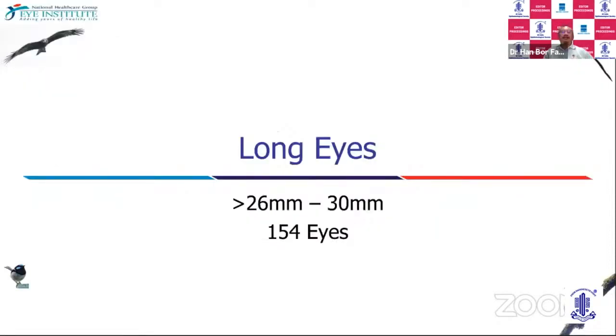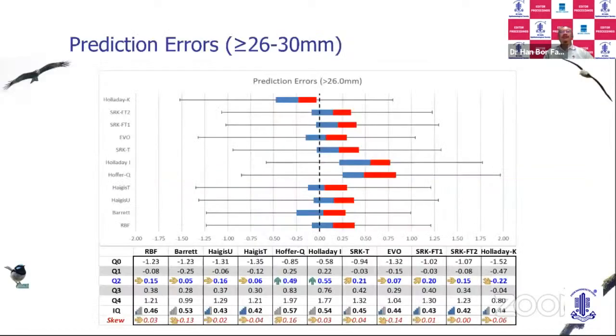What about long eyes? This is 154 eyes. We just look at the long eyes, anything that's beyond 26 millimeters. Well, most formulas tend to end up on the hyperopic side. That means the formula under-calculated, giving a power that is too low, and the patient ends up hyperopic.